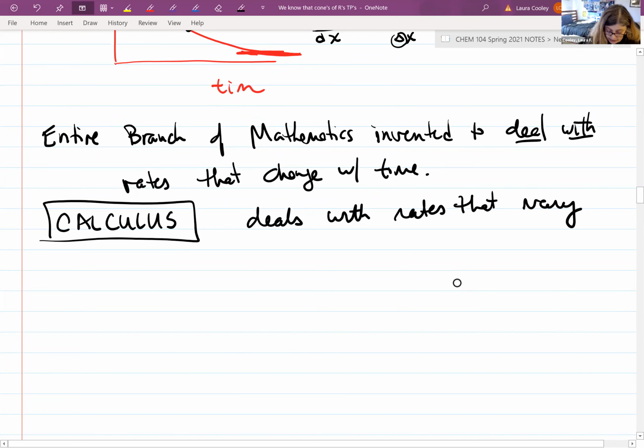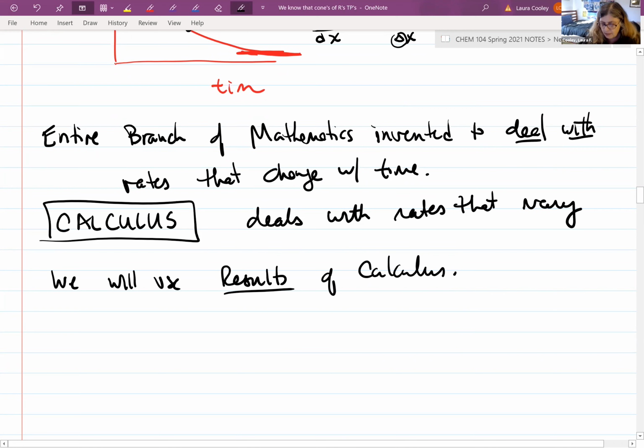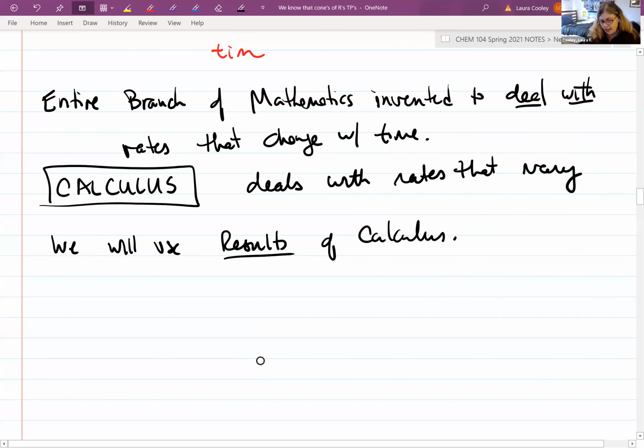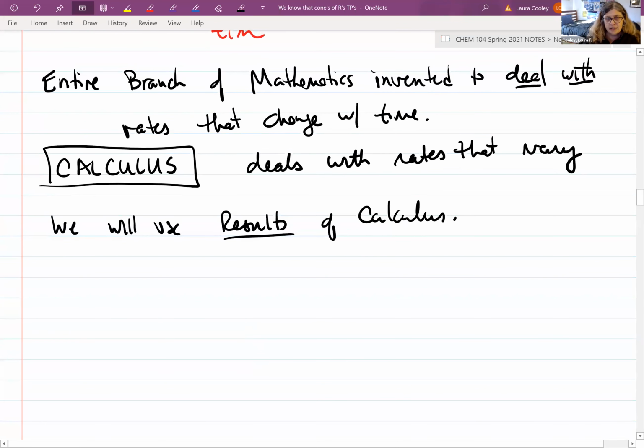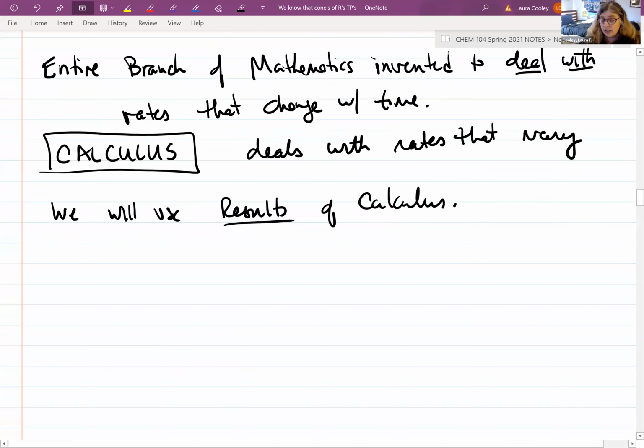So anyway, calculus, of course, is not required for this class. And so what we're going to do basically is we will use the results of calculus. But this is such a basic derivation in calculus that I'm actually going to spend 30 seconds deriving it for you, because I'm sure that some people who are listening have had some calculus.